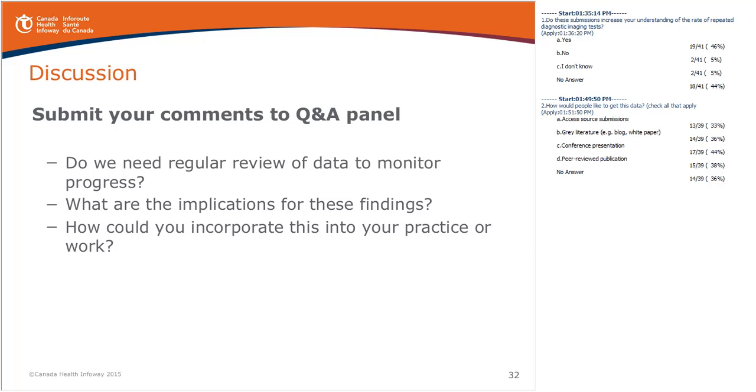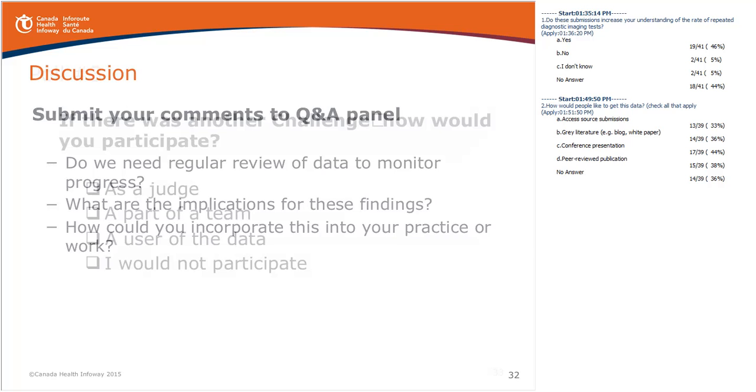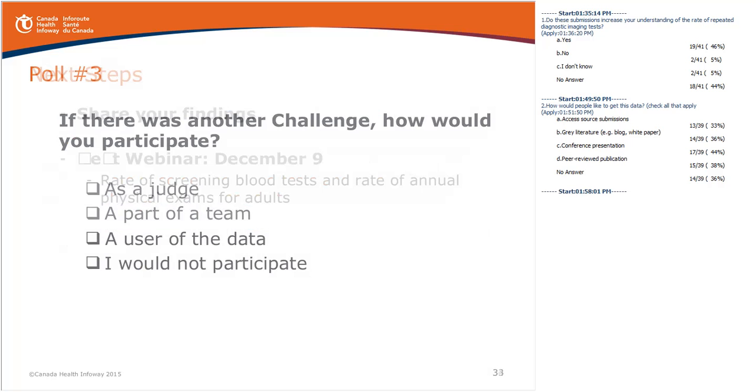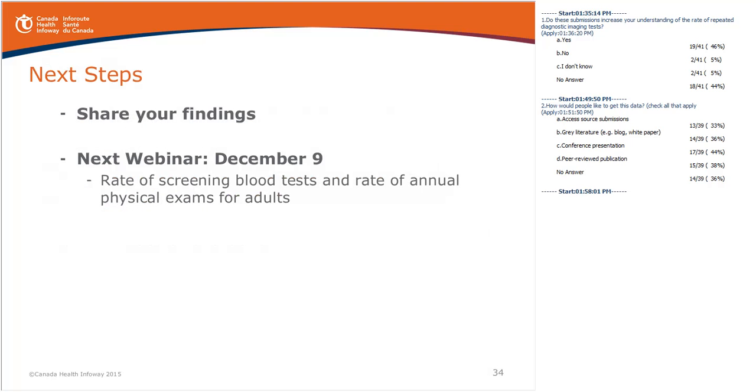So in our closing minutes, we're going to have audience participation one more time, and that is around poll number 3. If there was another challenge, how would you like to participate? As that poll is up, I'd like to remind everyone about next steps. We encourage you to share the findings of your research so far.